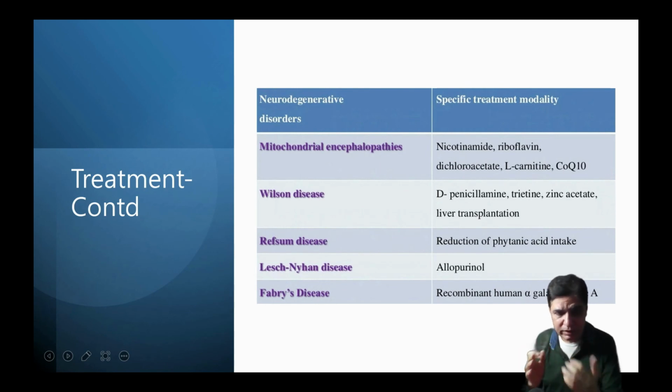You also look at abnormalities of skin and hair, and you do an MRI, and based on the MRI, seizures and the head circumference, that can give you different clues to what you are dealing with. And then we also talked about different forms of specific treatments, which obviously you should remember from an academic point of view. So I hope you have at least understood something about neurodevelopmental regression.